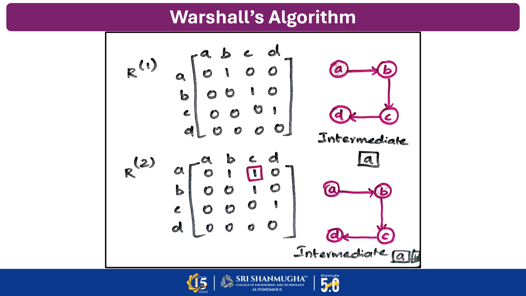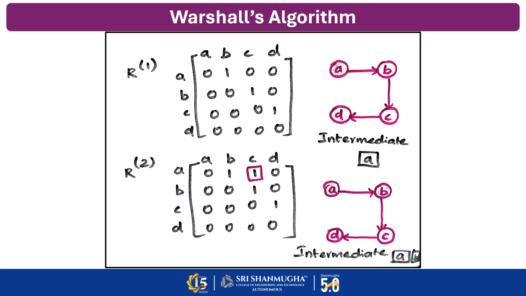R0 is a matrix which is given or which we will be constructing. If the matrix is given, we have to construct a digraph. If the digraph is given, then we have to construct the matrix. It is a matrix of Boolean values, only 0 and 1. When will it be 1? If there is a connection between those two vertices.